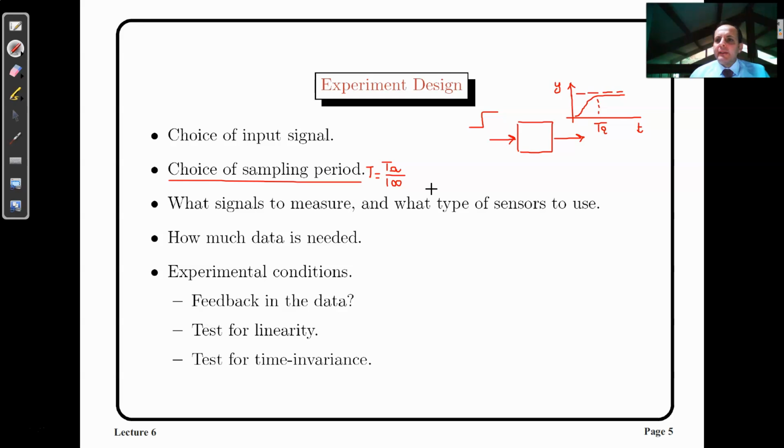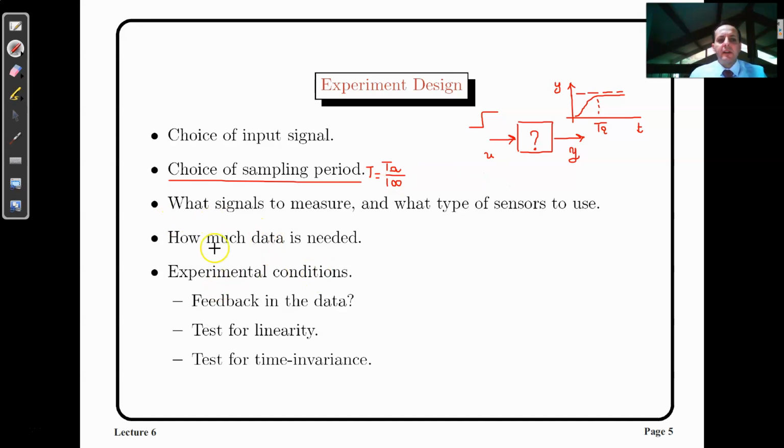Another important point is which signals you need to measure. Of course, it depends on your choice, on the selection of your system. It depends also on the inputs, and the outputs can perhaps be enhanced by the knowledge of an expert, of an operator.